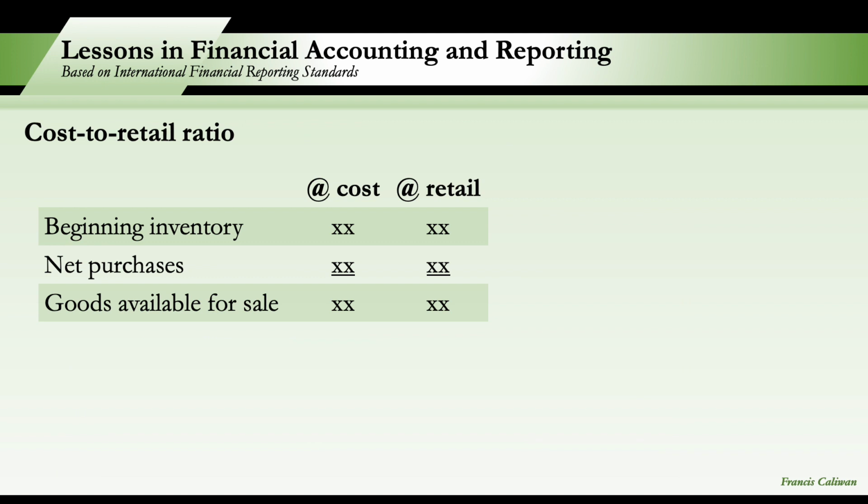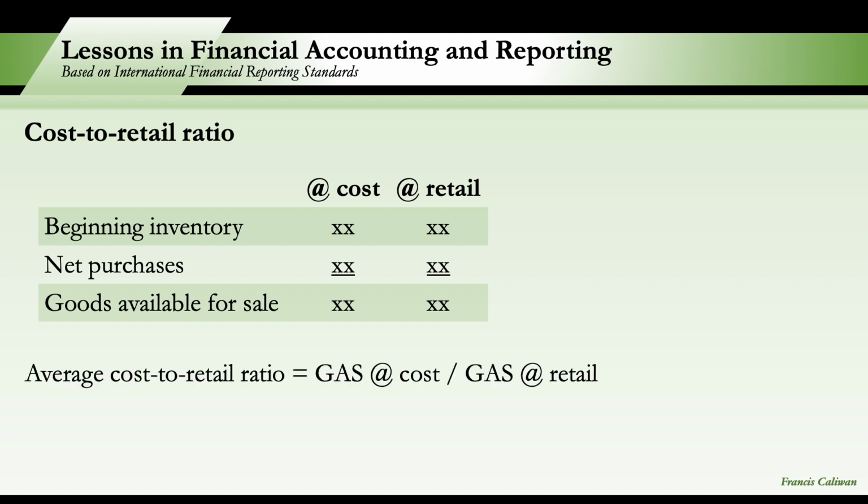And finally, before we discuss some illustrative problems about the retail inventory method, let us have the two types of the cost to retail ratio. Number one, the average cost to retail ratio, which is determined by dividing the goods available for sale at cost by the goods available for sale at retail.